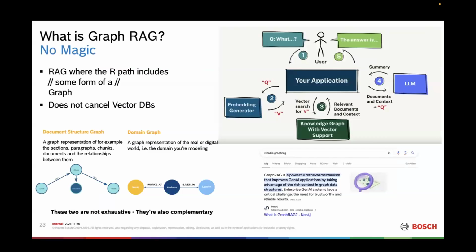In essence, when we talk about GraphRAG itself, there is no specific modality of how graphs should come into the game. There are many ways graphs can be introduced, and they form this GraphRAG approach. So in principle, there is no massive magic with GraphRAG.